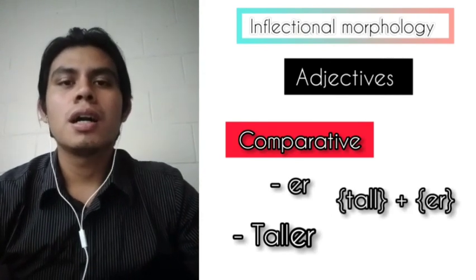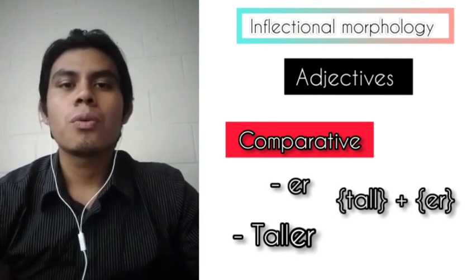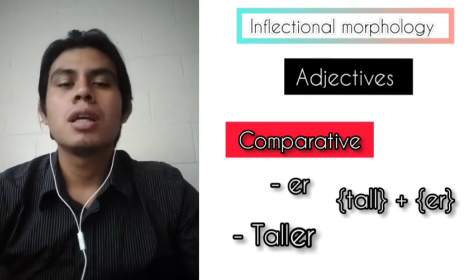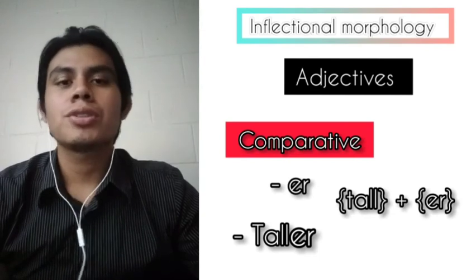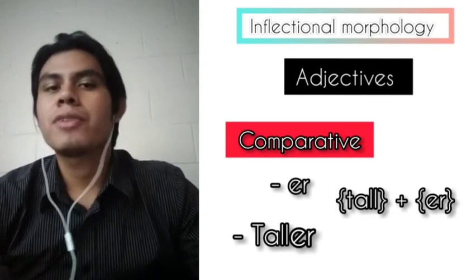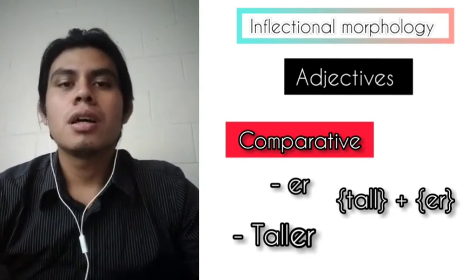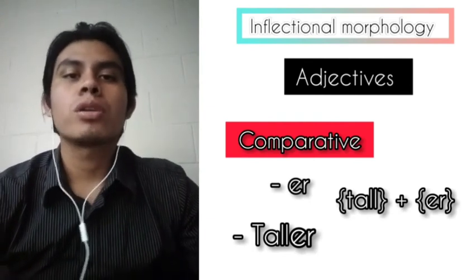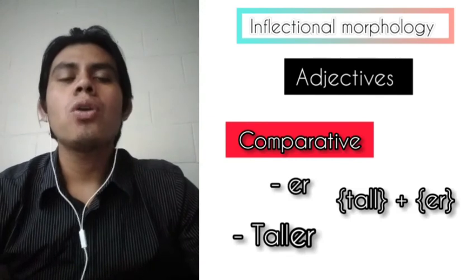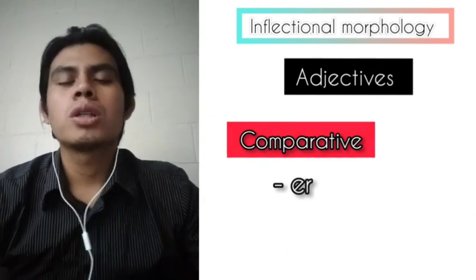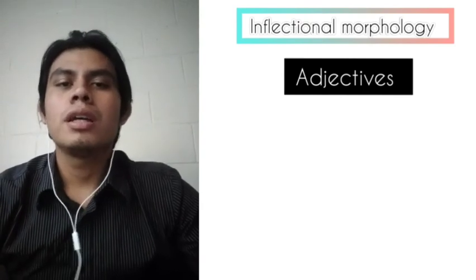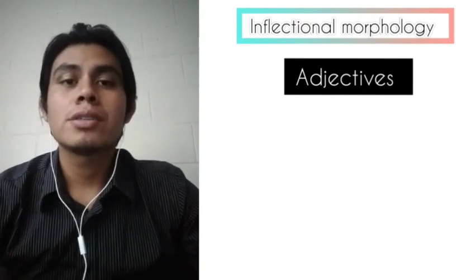But we made an inflection without changing the meaning, right? That's what inflectional morphology means. So we make the change but without changing the meaning of the word, right? And also we have another word, for example, smart, we add er, and it becomes smarter, right?